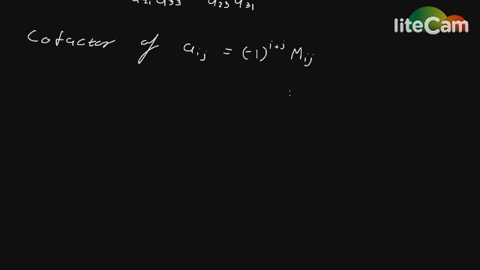Okay, so let's quickly take a look at that. Here, these values, this i and this j, we just add them and we take -1 to the power of that sum.